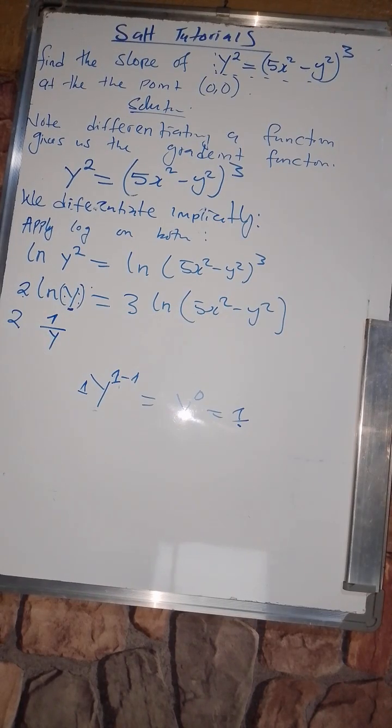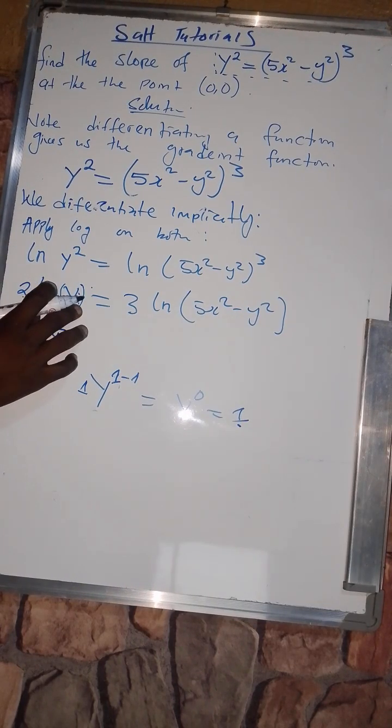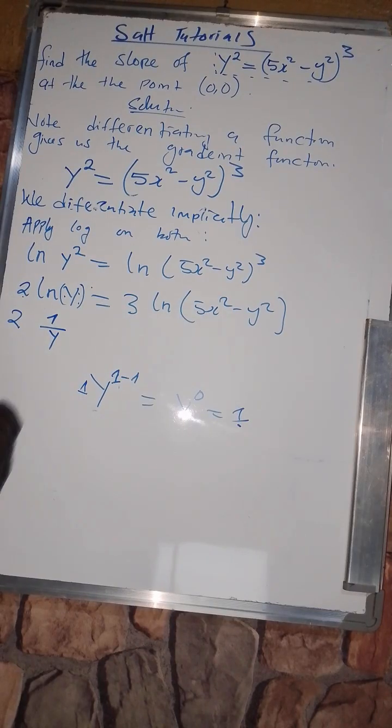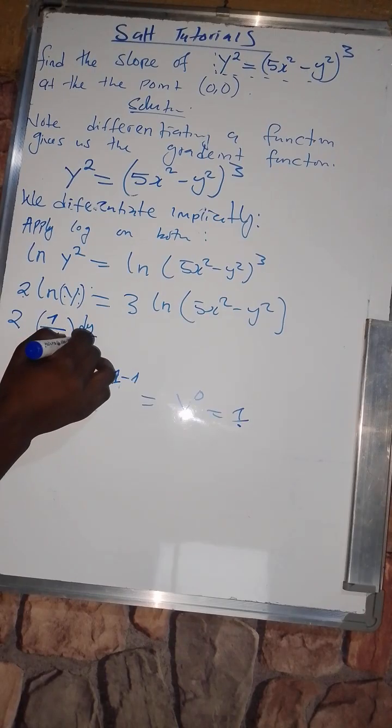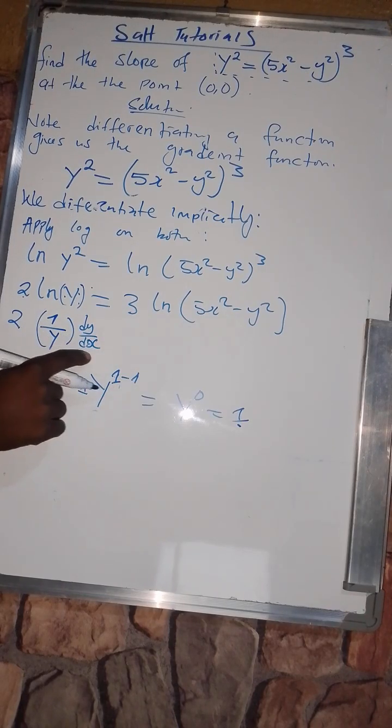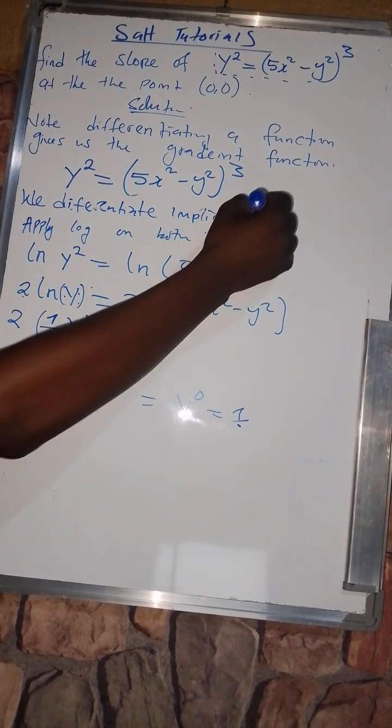So I have 1 over y as my outcome. Every time you differentiate y, what did we say? We add dy/dx to your answer, because this is implicit differentiation.